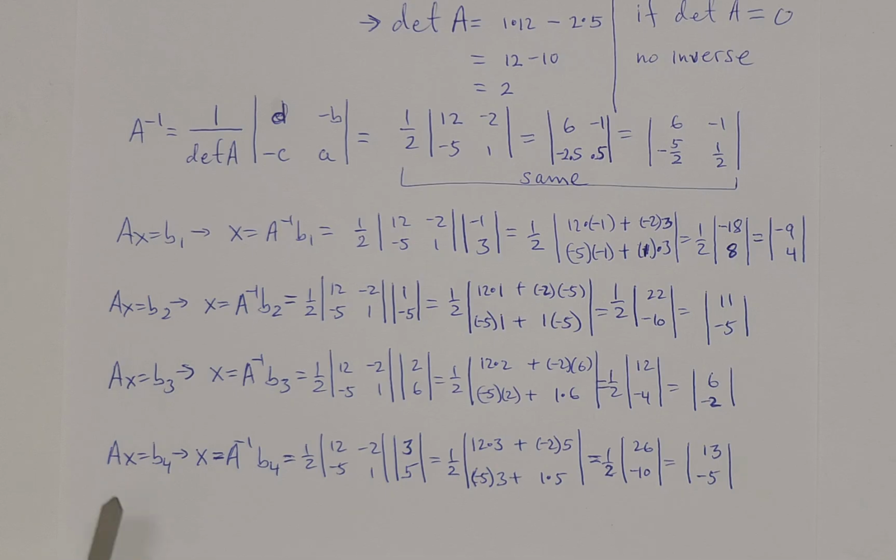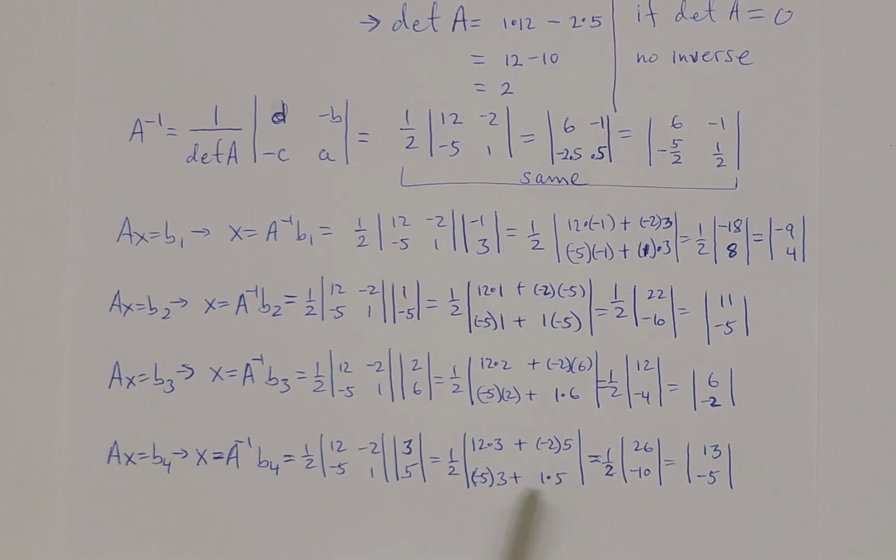And the last one, same procedure for B4. We already have A inverse. This is B4, 3, 5. First row, first column, second row, first column. So 12 times 3, plus negative 2 times 5. Negative 5 times 3, plus 1 times 5.